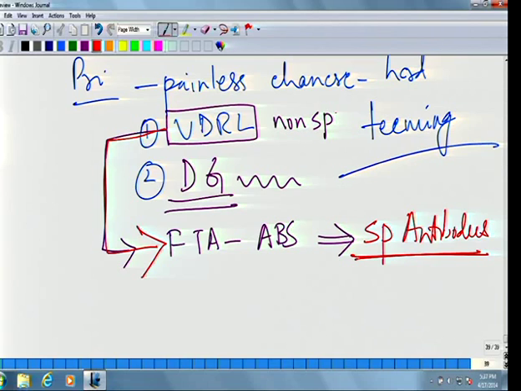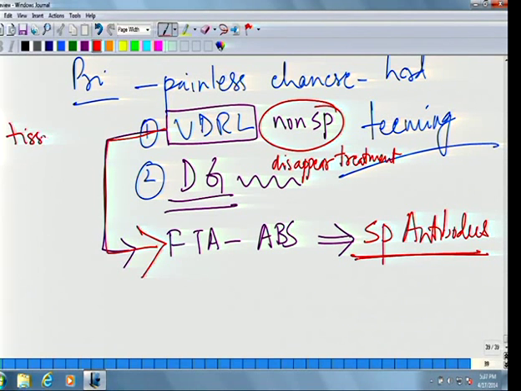One point you should remember is that these non-specific antibodies will disappear with treatment. What are these antibodies produced against? That is mostly out of tissue damage. Tissue damage causes these non-specific antibodies, so they will disappear with treatment. That's how you know whether the person has responded to the antibiotics or not.